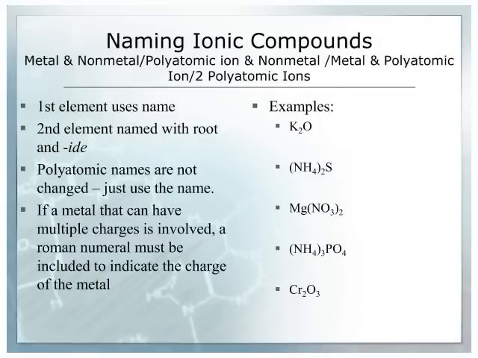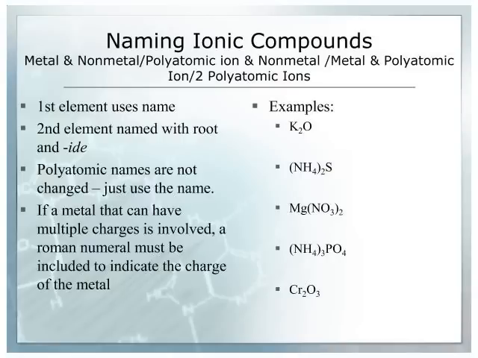Okay, the next thing, we're going to go from the formula itself to the name. On your ionic compounds, the metals don't change their name, they just use their name. If it's an element at the end, it's going to change the ending to "ide." In polyatomic ions, we don't change the name at all.